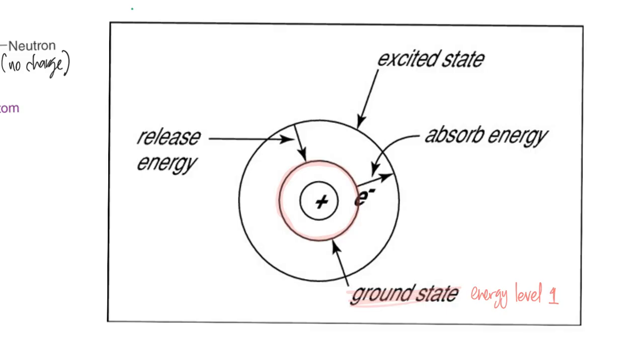That's your ground state. If your electron that's on your ground state, this one over here, moves to a different energy level, it moves away from the nucleus. It is going to absorb energy from a photon.